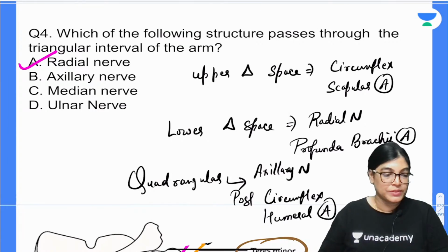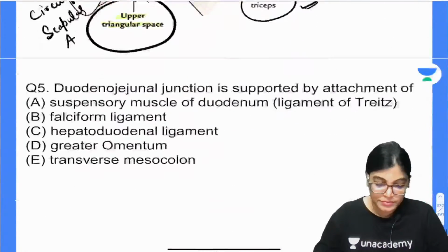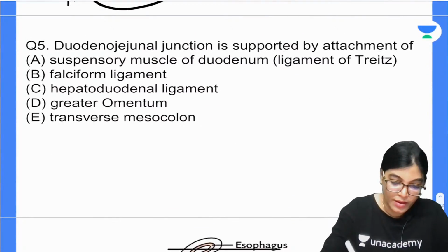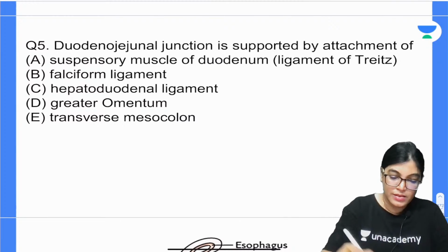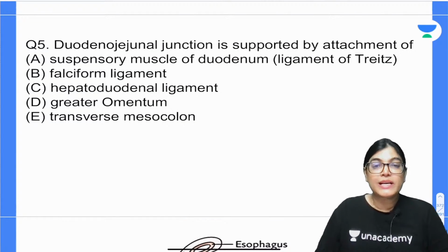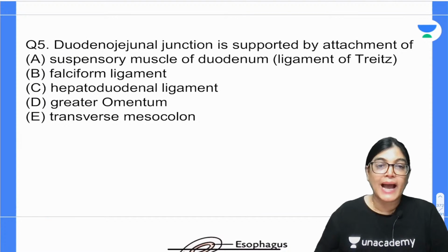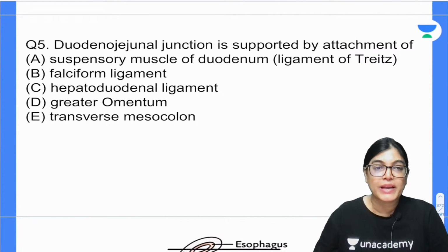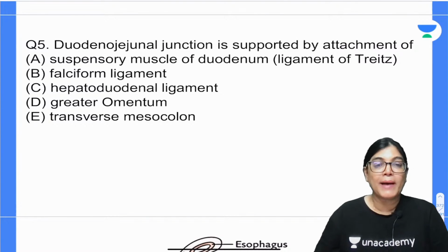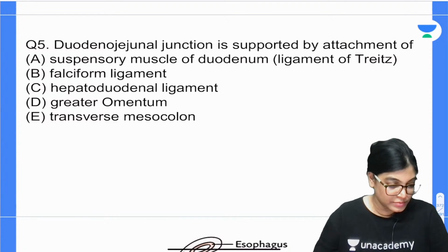That is question number 5th. Duodenojejunal junction is supported by the attachment of which of the following? Suspensory ligament of duodenum, that is called as ligament of Treitz, falciform ligament, hepatoduodenal ligament, greater omentum and transverse mesocolon.